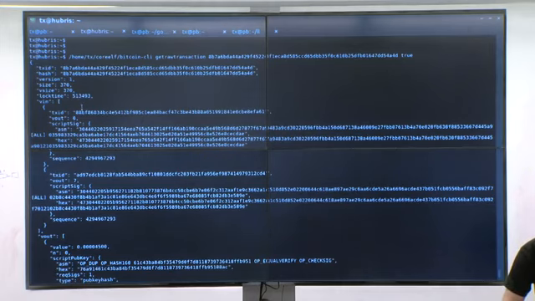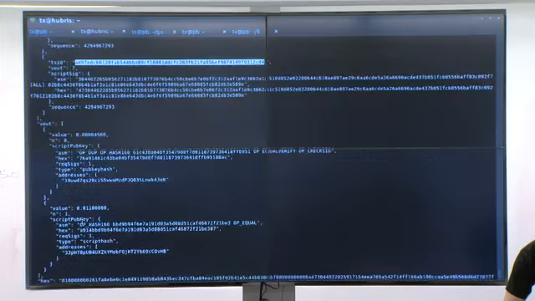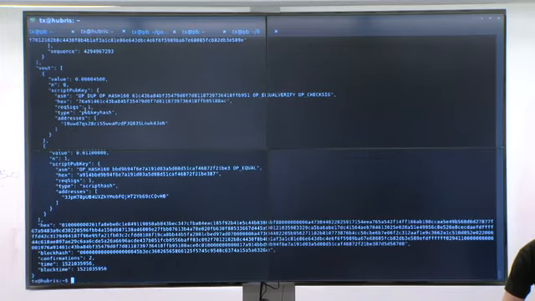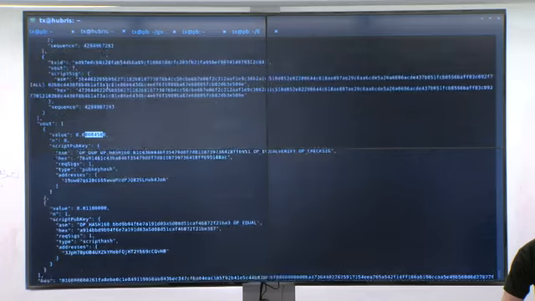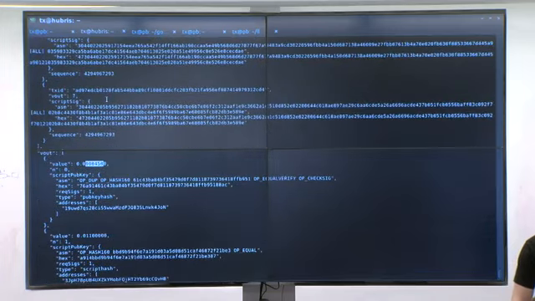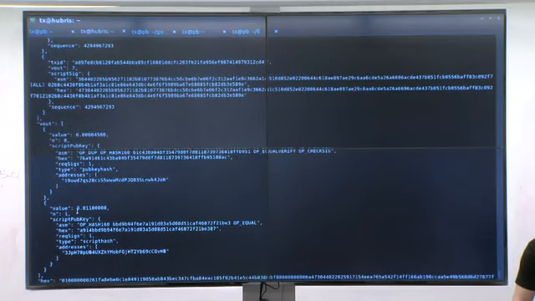It's got 2 inputs, specified by this TXID and this TXID, and 2 outputs. Here are the 2 outputs.